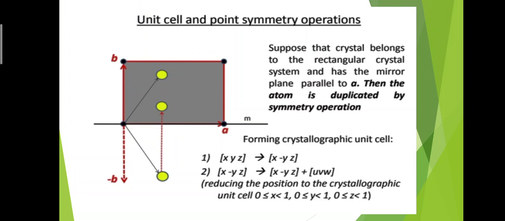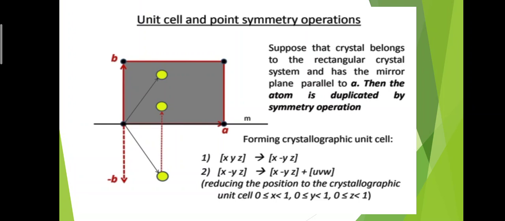Unit cell and point symmetry operations. Suppose that the crystal belongs to the rectangular crystal system and has a mirror plane parallel to A, then the atom is duplicated by the symmetry operation, forming the crystallographic unit cell xyz, x minus y z, and x minus y z plus uvw.